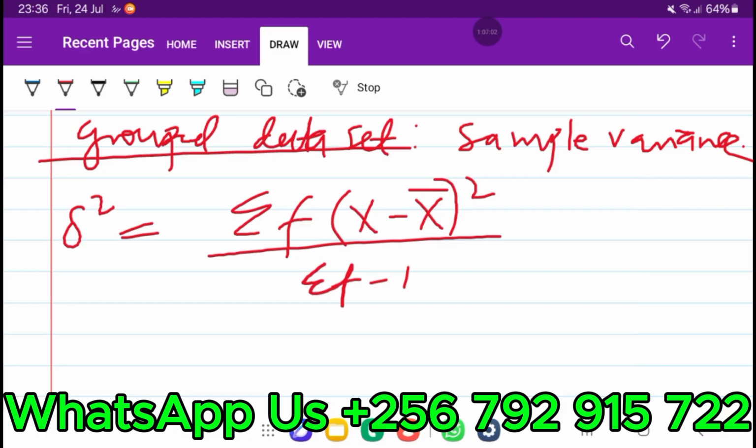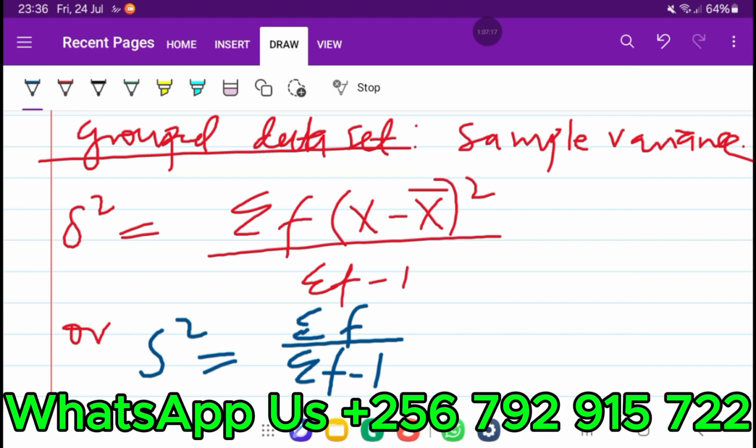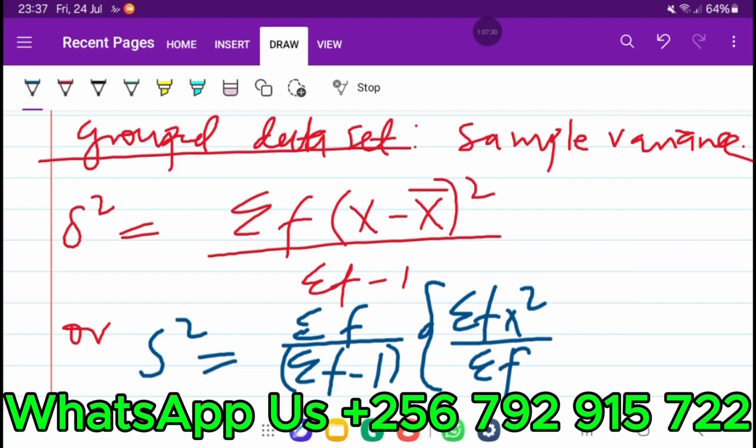Or you can use this: S squared is equal to summation f over summation f minus 1, then you put summation f x squared over summation f minus summation fx over summation f bracket squared.